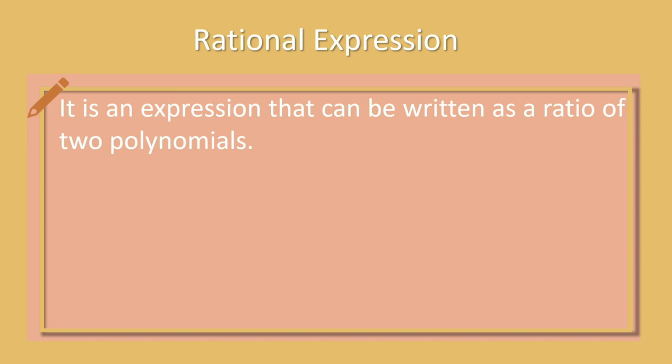So, when we say polynomials, the exponents of the variables must not be negative or a fraction. The variables must not be inside a radical. For example, 2 over x, x squared plus 2x plus 3 over x plus 1, 5 over x minus 3. All of these are rational expressions.